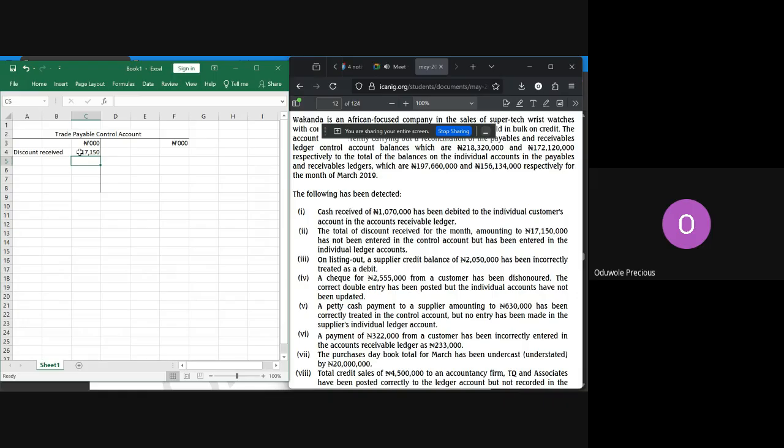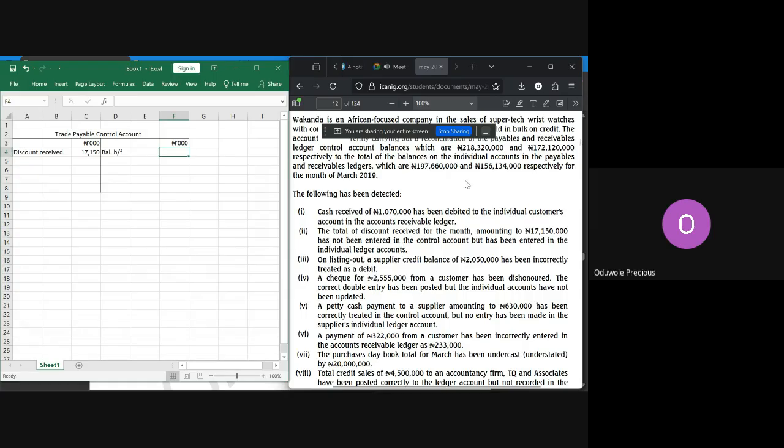On listing out, a supplier credit balance of 2 million. In fact, what's the balance? Balance brought forward is what? Let's come here, our ledger control. That's 172.